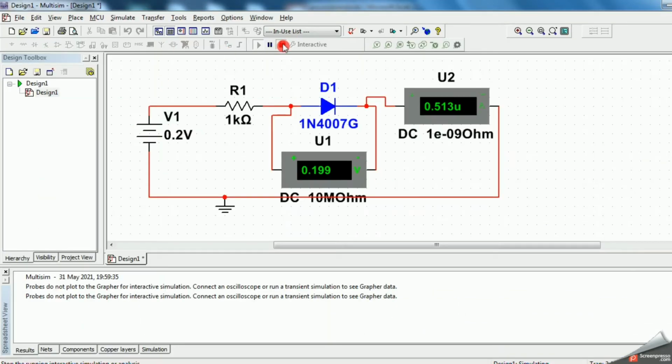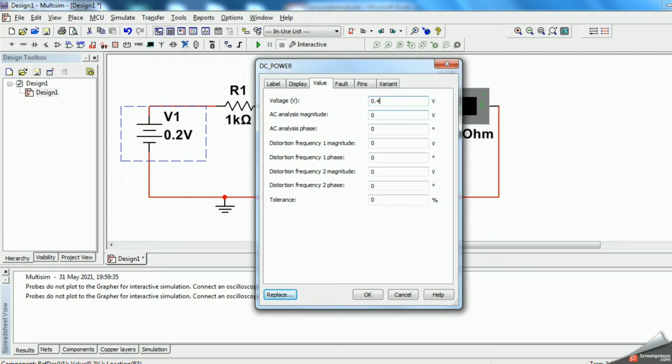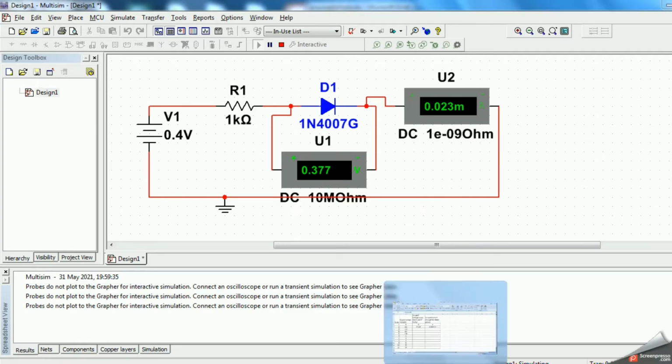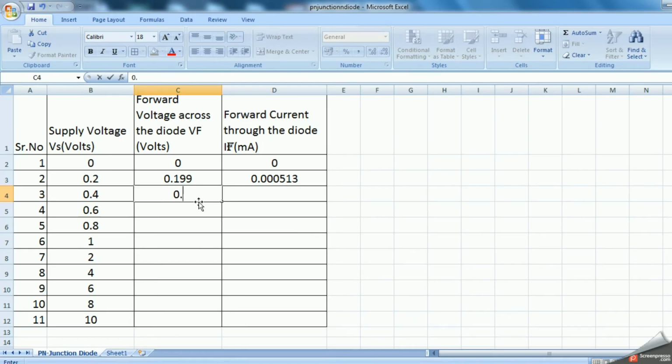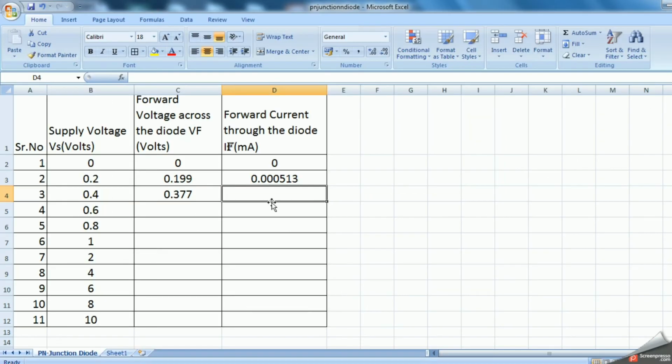Next, set the supply voltage to 0.4. Double click, 0.4 volt. Okay, then play. The voltage across the diode is 0.377 and current is 0.023 milliampere.